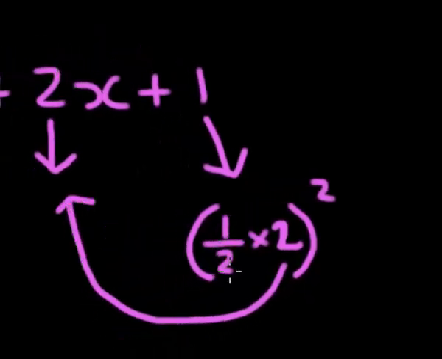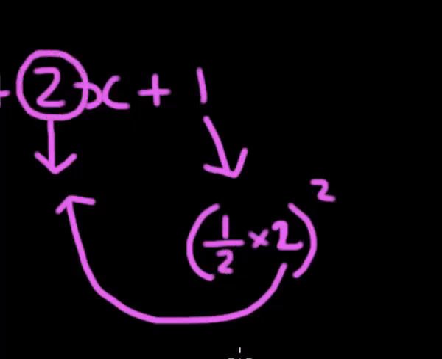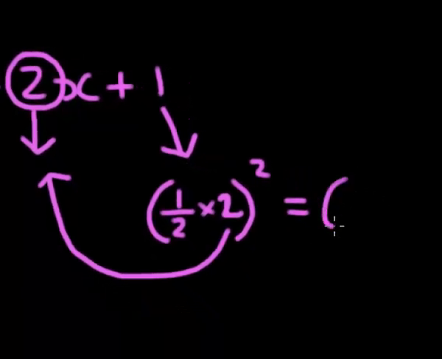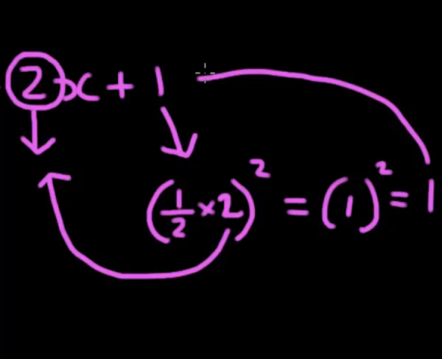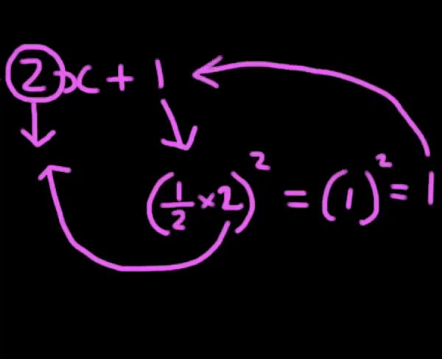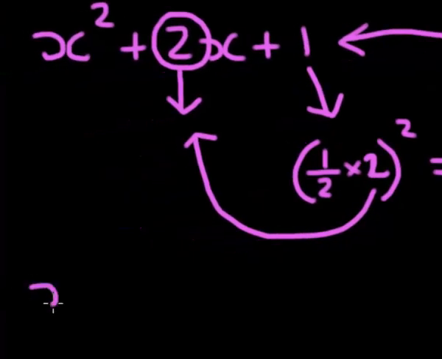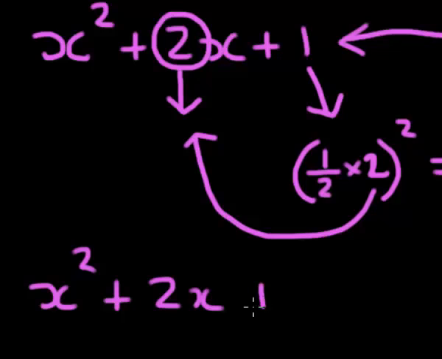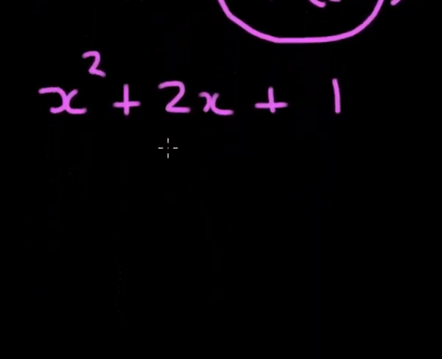A half of 2 and you square it is actually, a half of 2 is 1, which happens to be that term there. So I want you to watch that again. It's so important. Let's just do that again. If I take x squared plus 2x plus 1, this last term connects to the middle term here, the coefficient of x, as follows.